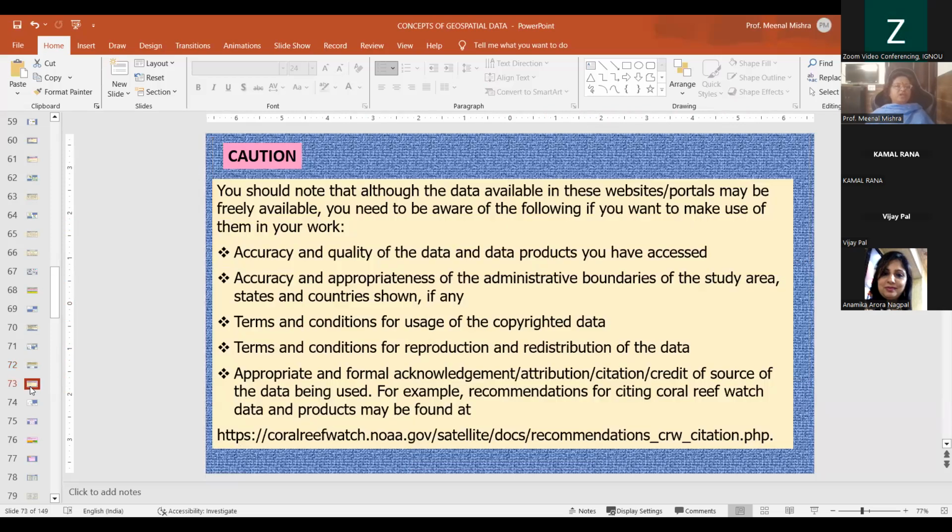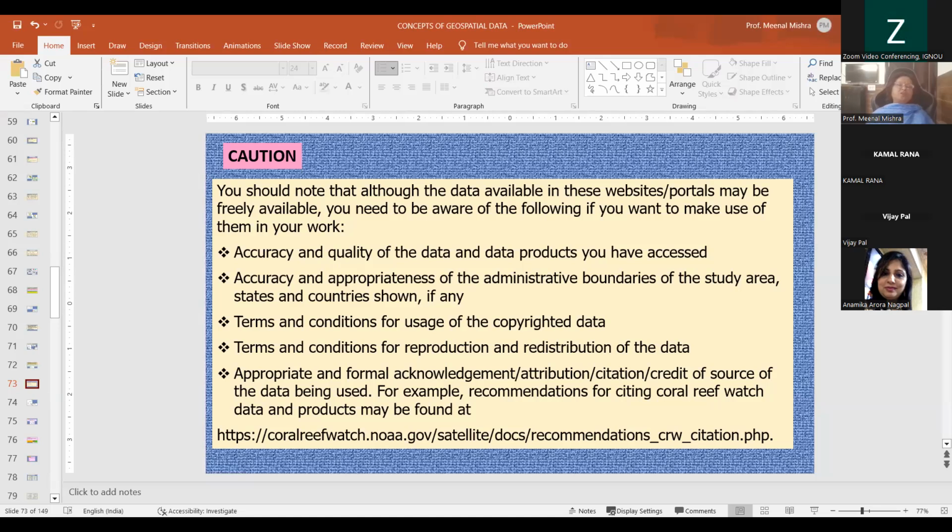So you have many sources which we have been discussing for the last 15-20 minutes. But what is important for you? There are certain cautions. You cannot keep on downloading any data from anywhere. There are some cautions which you need to understand. What are these cautions?